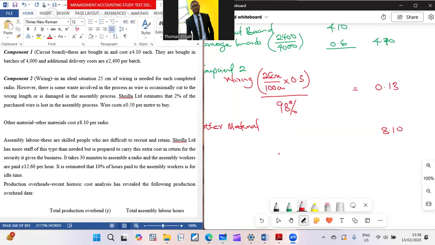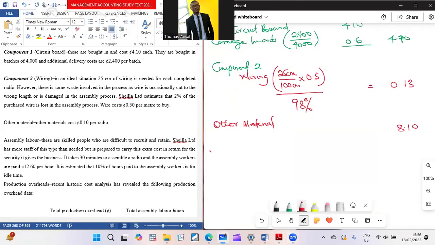So you saw the adjustment that we also introduced per that. So idle time adjustment. We need to gross it to know how much the assembly labor cost is actually going to be. So it means that we need to take out the idle time. So idle time adjustment on labor cost.